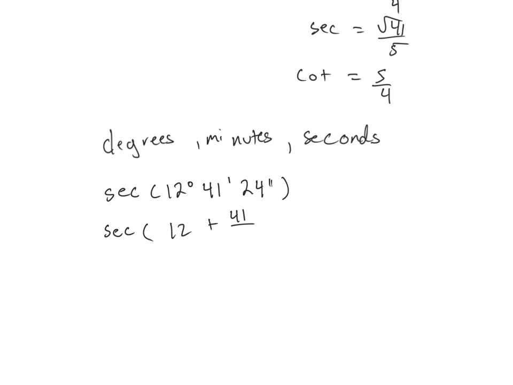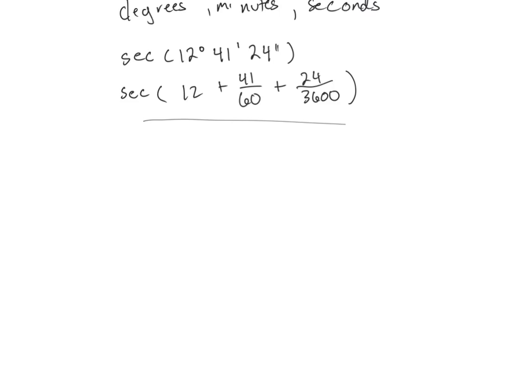41 over 60, since there are 60 minutes in an hour, plus then you have to do 60 times 60 for how many seconds are in an hour. So that's 24 out of 3600. That will give you this if you're just going to punch it in. However, your calculator should already have a button that looks like this.